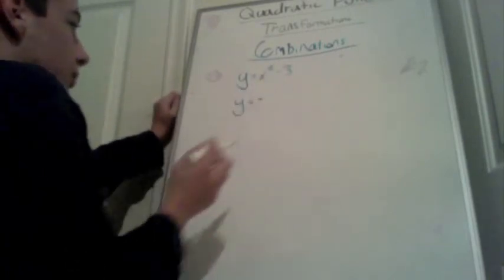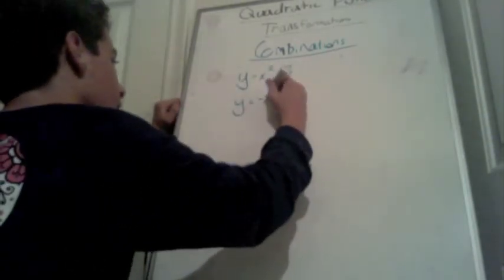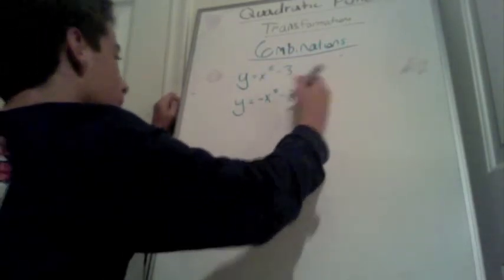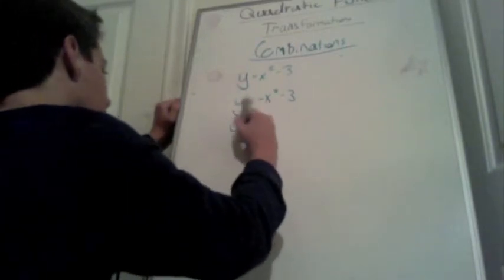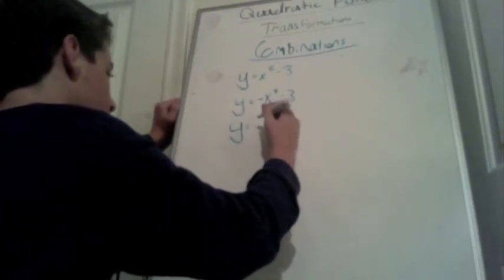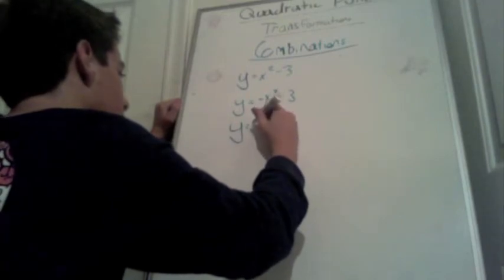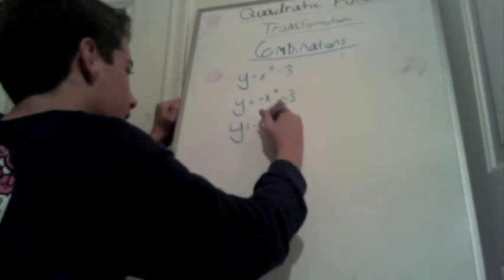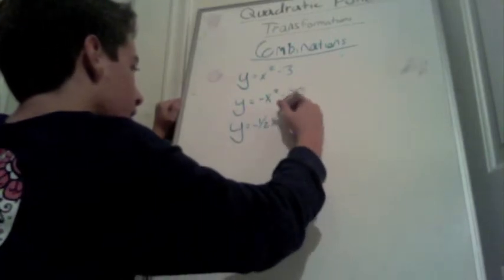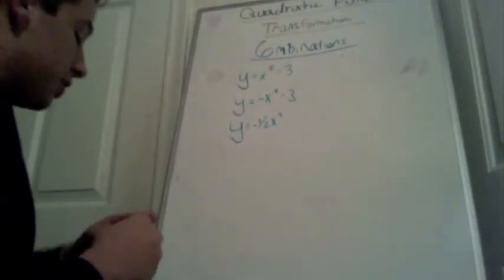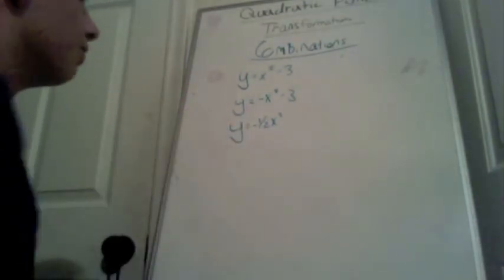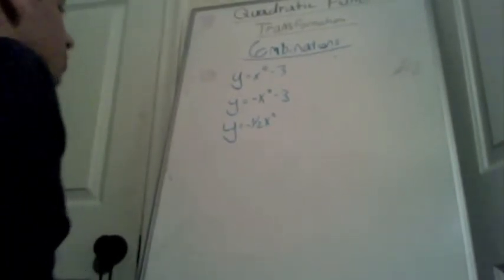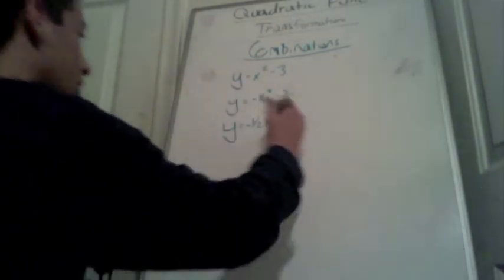We'll add in a reflection: negative x squared minus 3. Now we'll add in a vertical shrink. So it'll be negative, because the negative goes in front of the factor. Negative 1/2 x squared minus 3. Notice there are no parentheses in this equation because we do not have an x-intercept translation, which is what causes those parentheses.